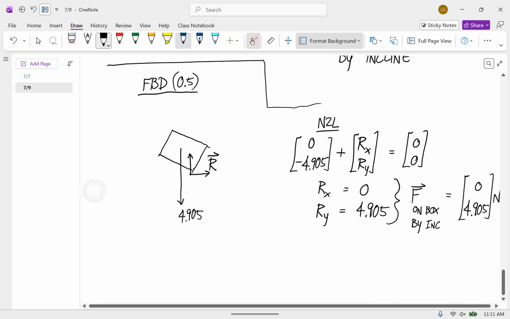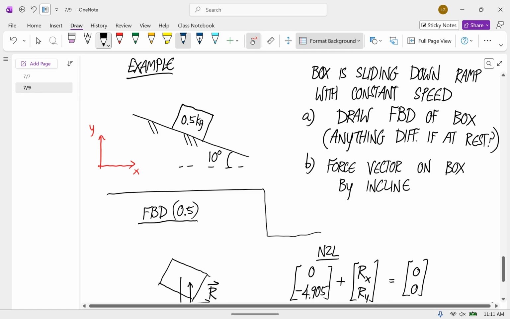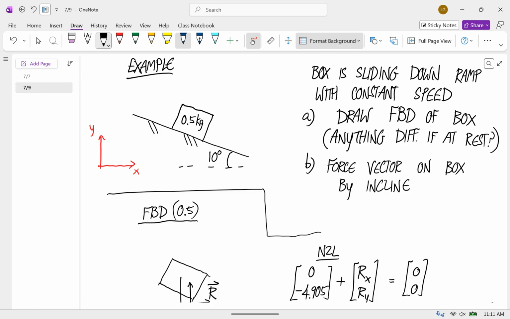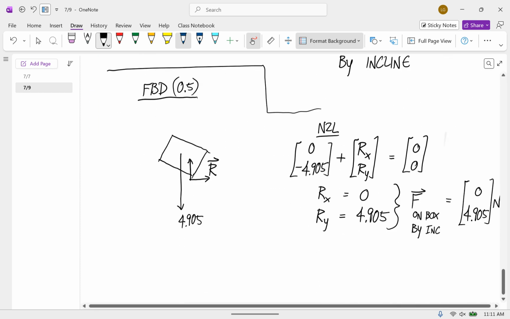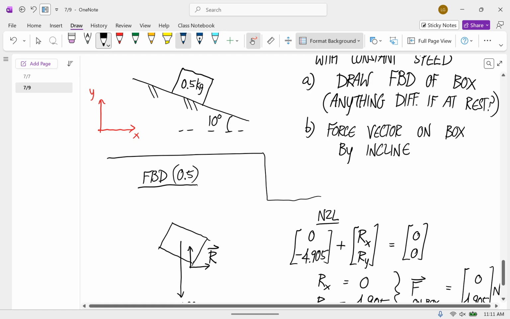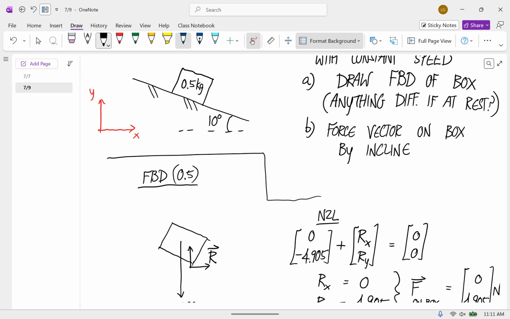So why is this so much simpler than a static friction problem from Physics 1? What we didn't do is break it up into what component is the normal force and what component is the friction force. We don't care about that for our purposes in this class. And so we didn't have to worry about changing the orientation of the coordinate system, all that stuff. That's why this was so much simpler.